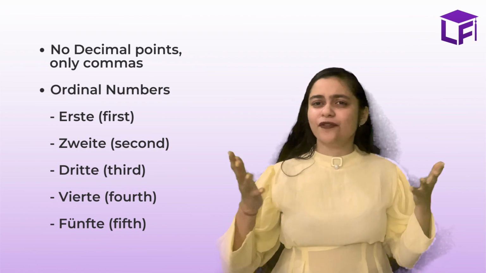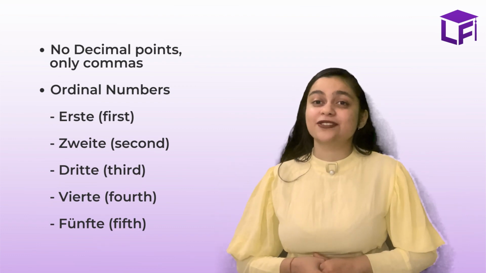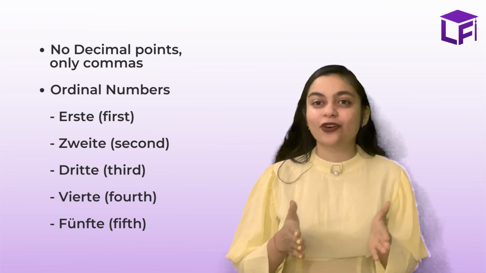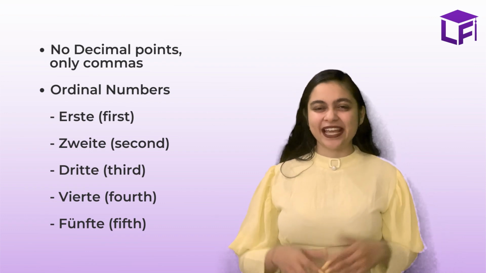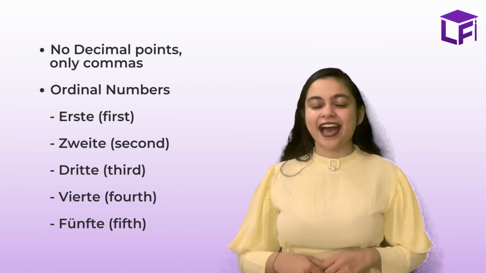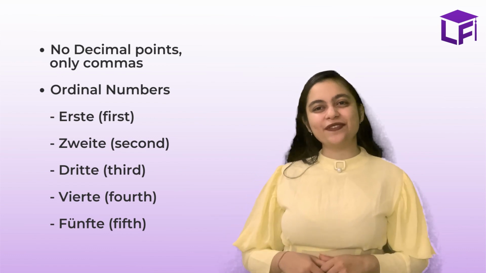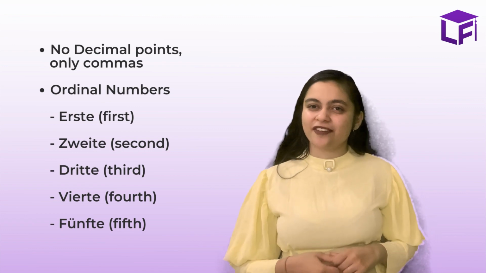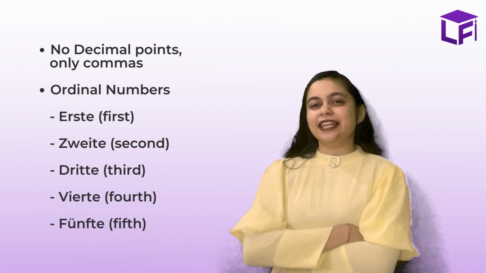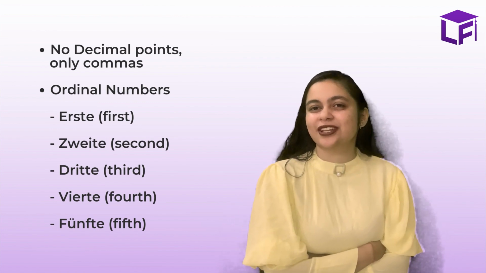So, for saying 7.5, I will have to say 7,5. 7 is 7, point is a comma in German, and 5 is 5. So 7.5 becomes 7,5. Alright, let me ask you if you really understood the logic.